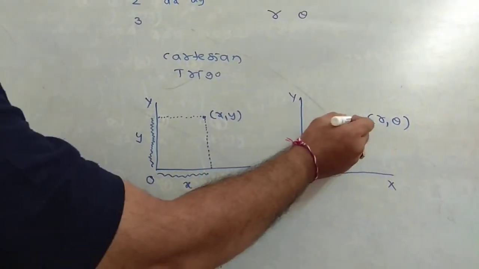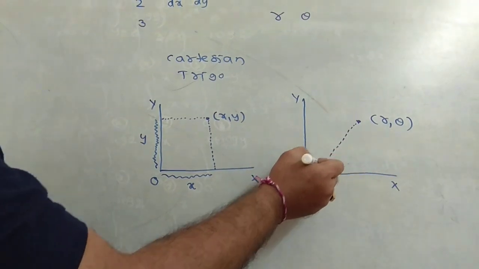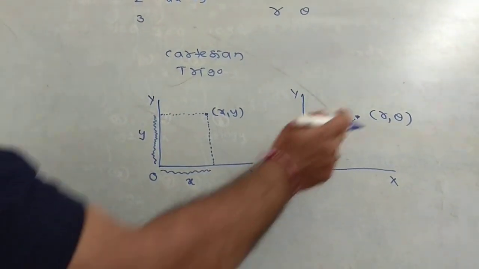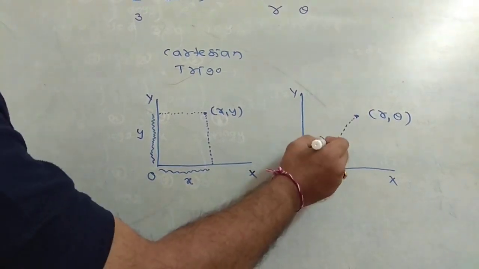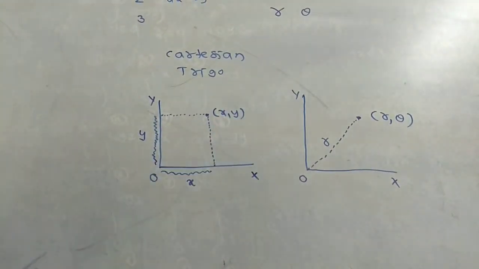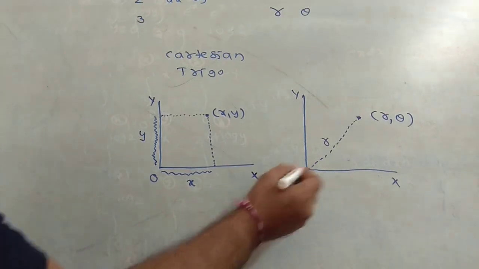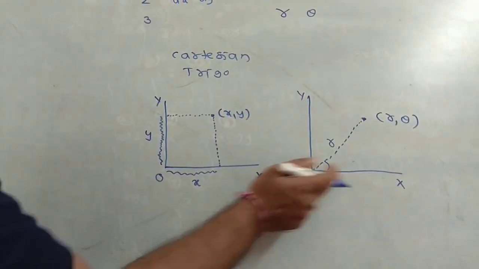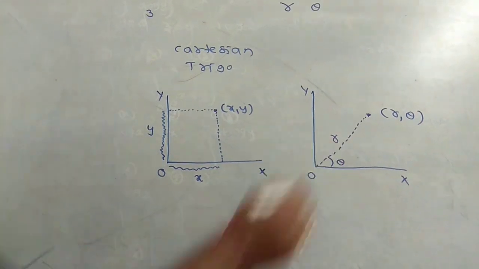That means this is a radius, the distance from the origin to this particular point. Generally it is denoted by r. And immediately you calculate the angle between the radius and the x-axis, generally denoted by theta.